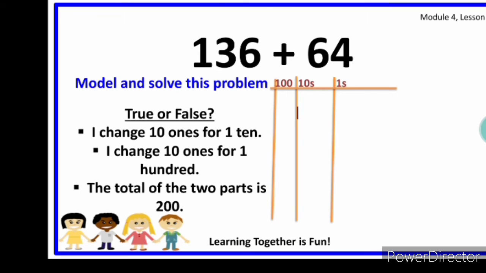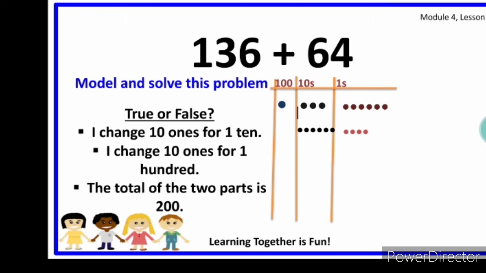Now we're going to represent 100, 3 tens, and 6 ones on our place value chart, plus 6 tens and 4 ones. So we represent them on our place value chart and we add. We have 100, 3 tens, and 6 ones. I also have 6 tens and 4 ones.